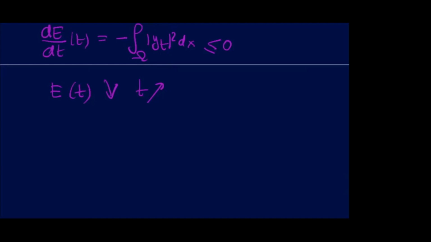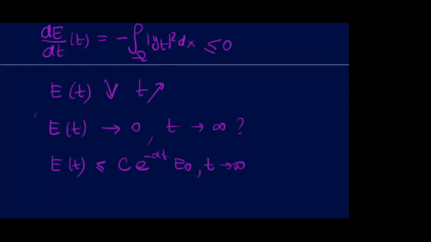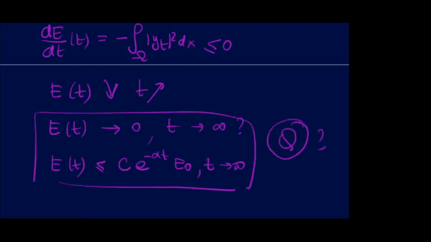So can I use this in this context? Is it true in particular that the energy goes to zero as t goes to infinity? And maybe even better, is it true that I have some kind of decay property which is exponential? These are the kind of questions that people looked at, starting in the 60s and so on.